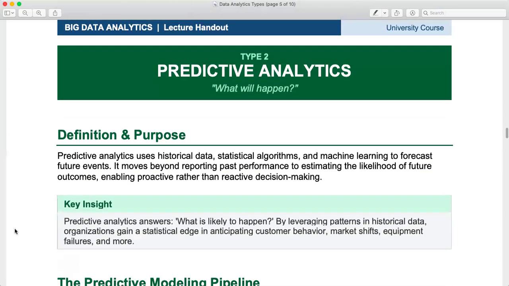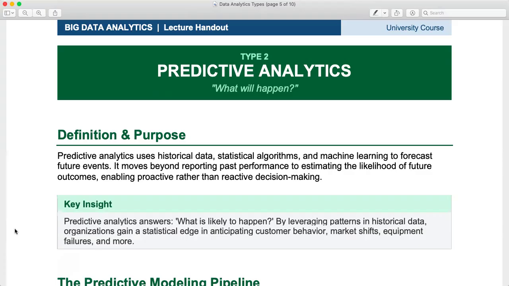Then the next type of data analytics is predictive analytics. That means what will happen. It also uses historical data, and we have statistical algorithms and machine learning to forecast future events.